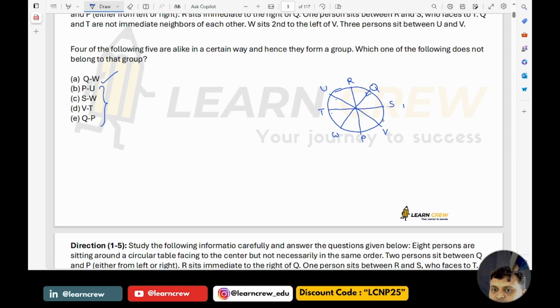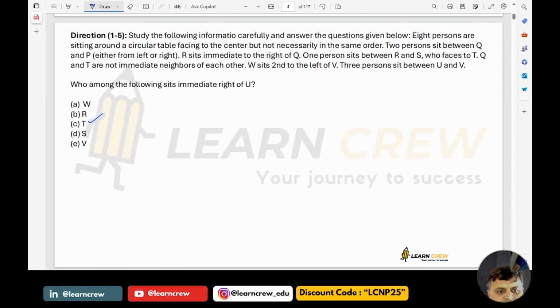So here 1, 2, 3, 4. Between Q and T, you have 1, 2, 3, 4. Between W and S, when counted from S, it is 1, 2, 3, 4. So the answer is yes. Yes is the answer.